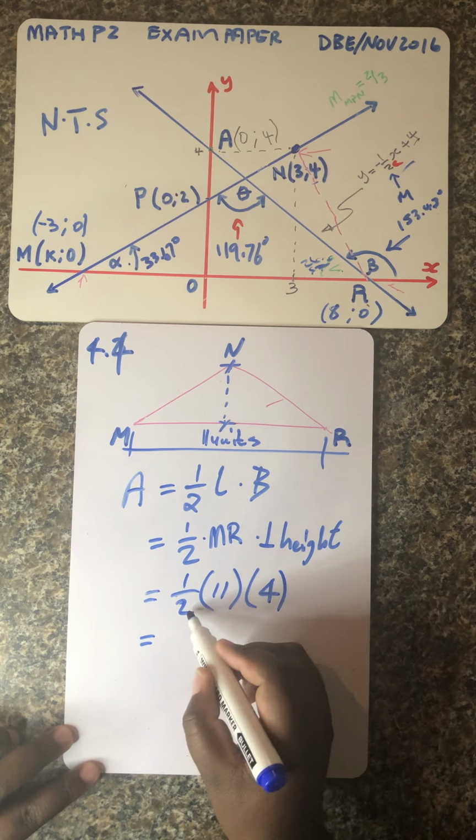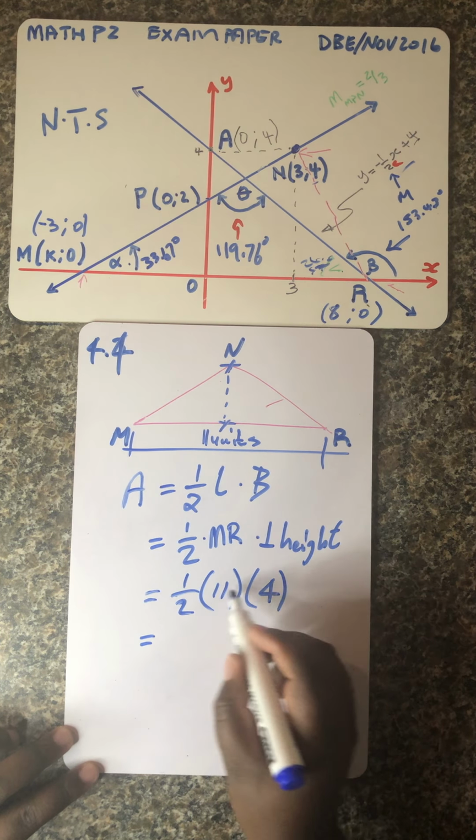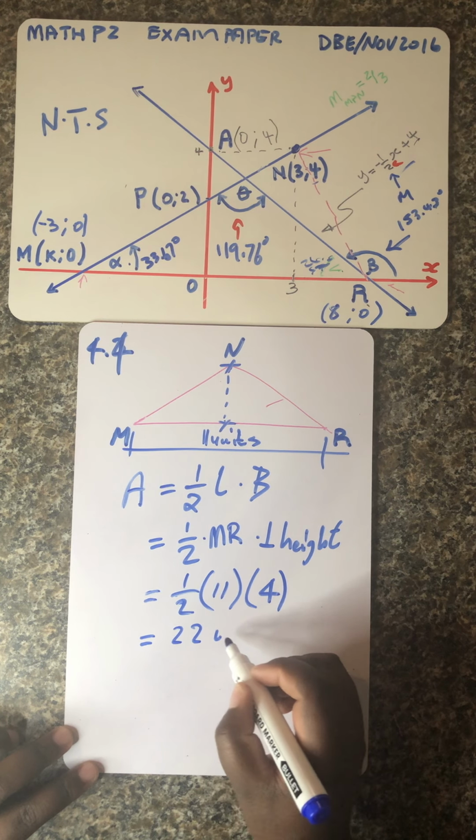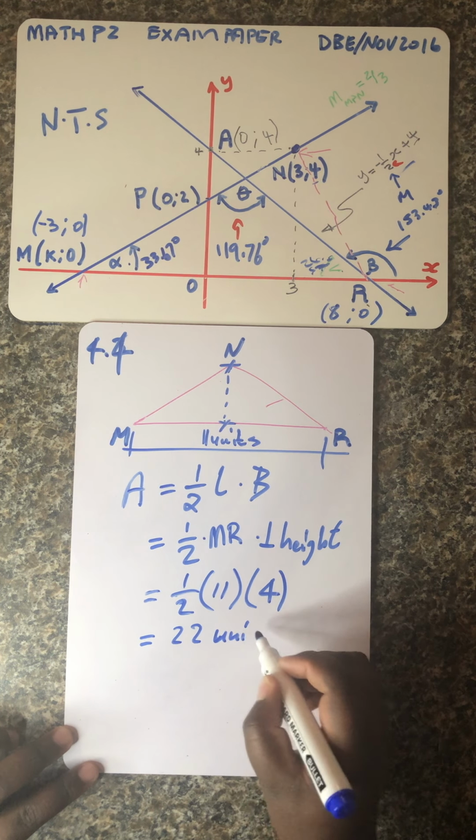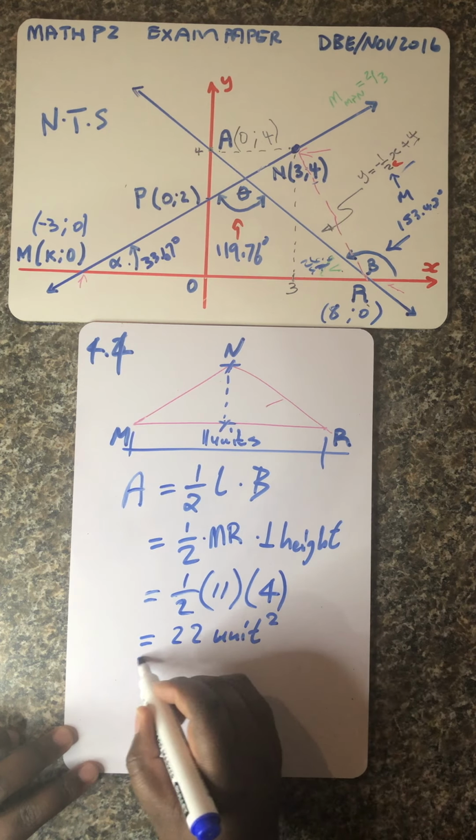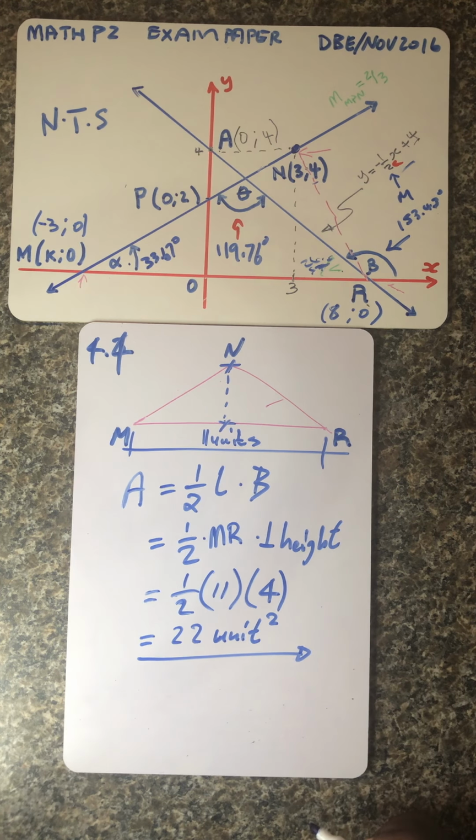You know 4 divided by that, it's 2. Then 2 times 11 is 22 units, because we haven't got the units there. It's not in meters, it's not in kilometers, it's just units.